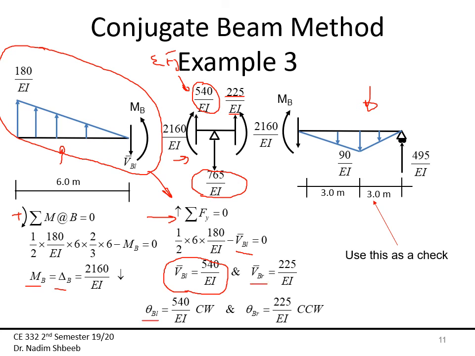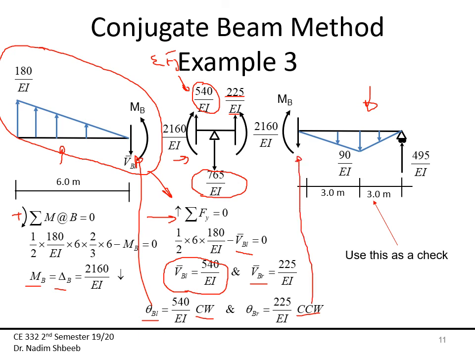So for that, theta B left is going to be 540 over EI clockwise, because here I have positive shear. Okay, this is positive shear. Theta B right, on the other hand, at 225 over EI is counterclockwise, because here I have negative shear.